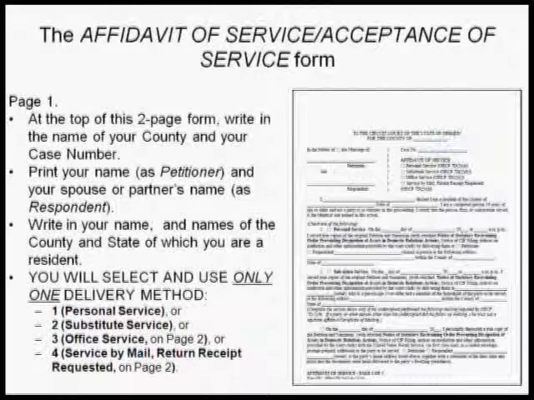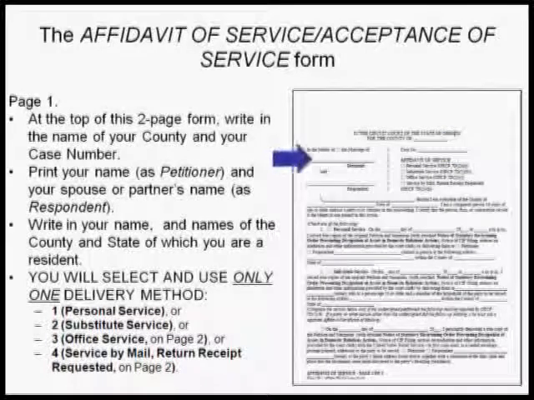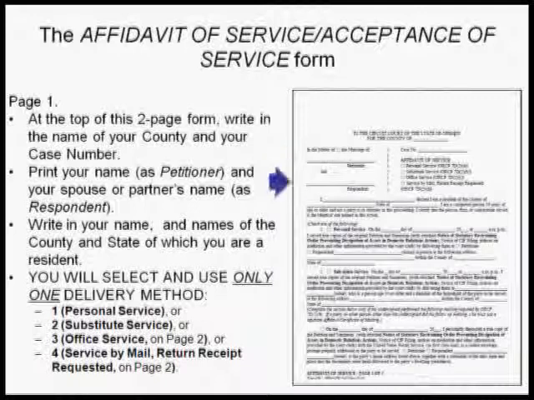Print your name as petitioner and your spouse or partner's name as respondent. Write in your name and names of the county and state of which you are a resident. You will select and use only one delivery method.